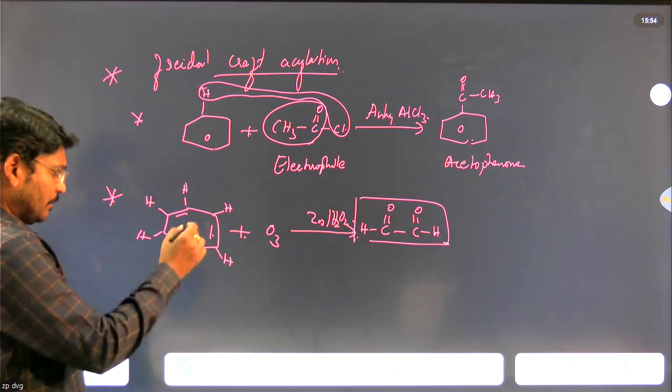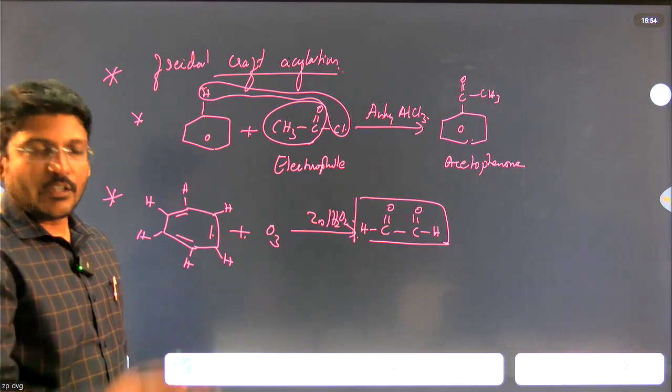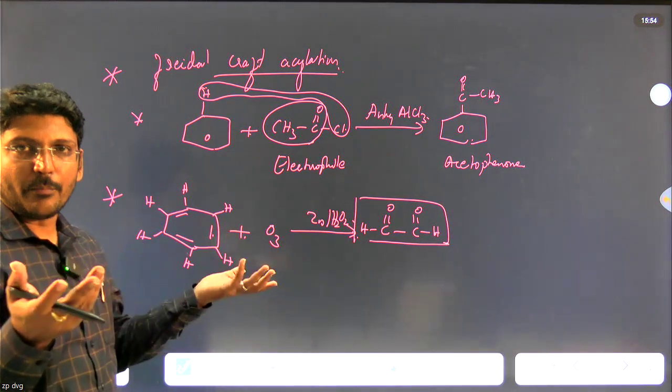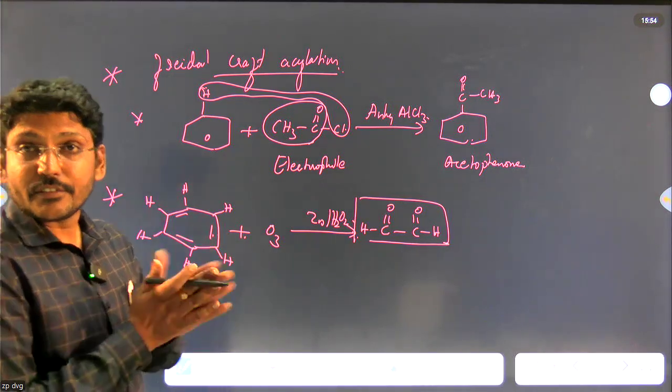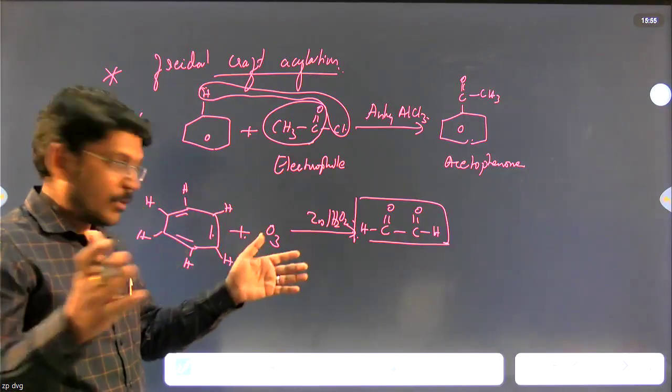So open chain compounds undergoing ozonolysis give two different components, but with two identical groups the components are the same. But with cyclic compounds undergoing ozonolysis, compulsorily we get a single component, which contains the maximum number of carbon atoms.